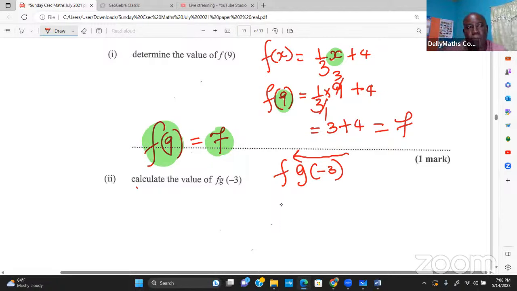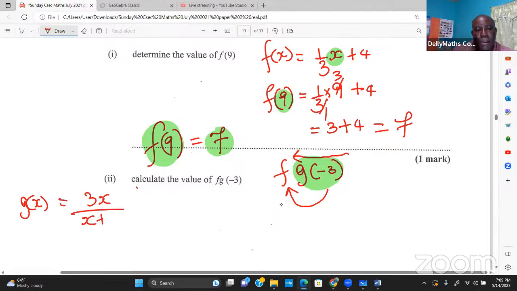So I'm just going to say, why not find a value for g of -3? And when you find that value, you inject it in the f function. So now the aim is to find what is g of -3, which means I need to go for my g function. I believe it was 3x over x plus 1.